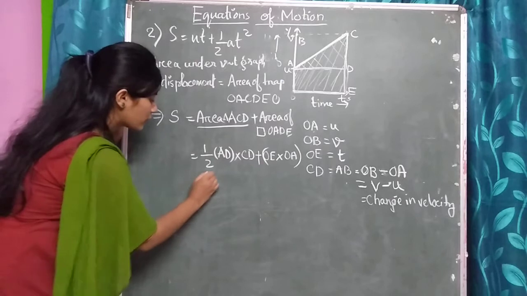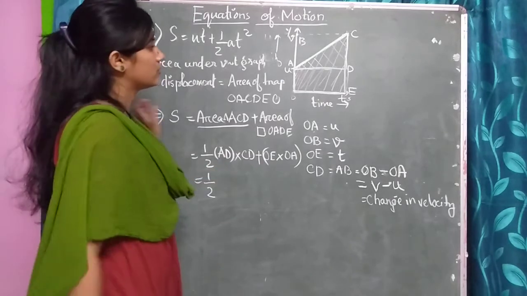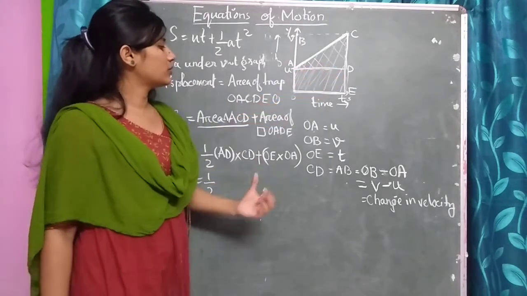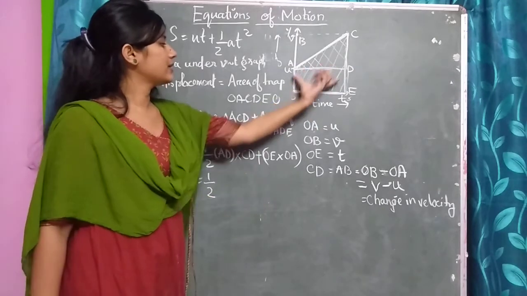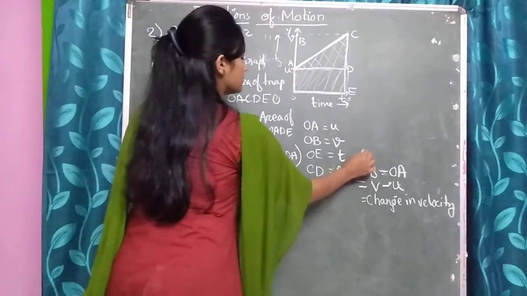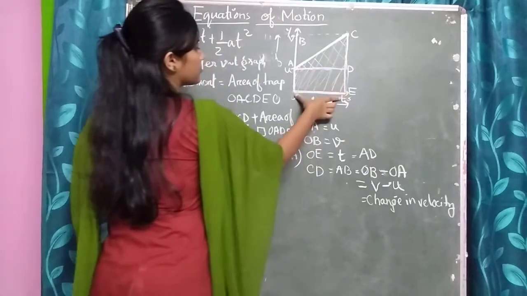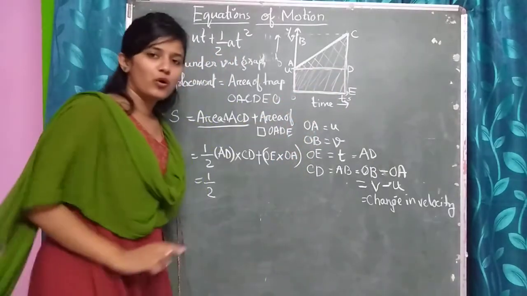So now put the formulas. Half AD. So AD is how much? AD is equal to OE.